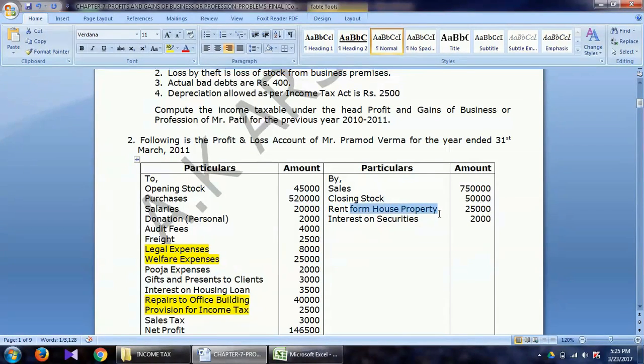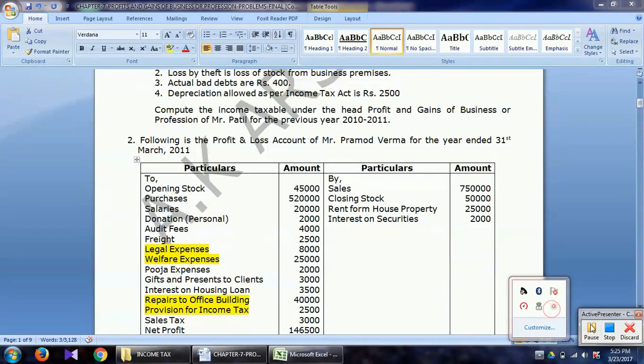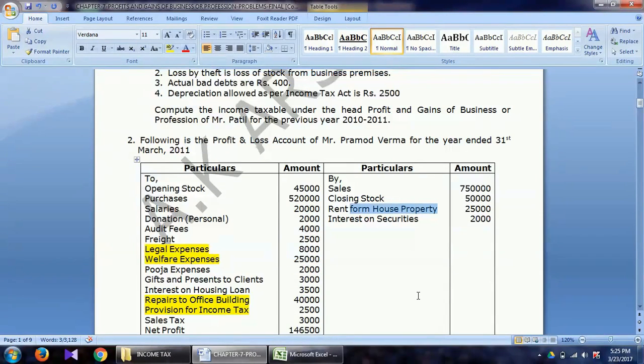Out of the given items on the credit side, only rent from the house property and interest from the securities are the incomes which do not relate to business. Closing stock and sales are business activities. Hence, the rent from the house property and interest on securities shall be deducted from the net profit.